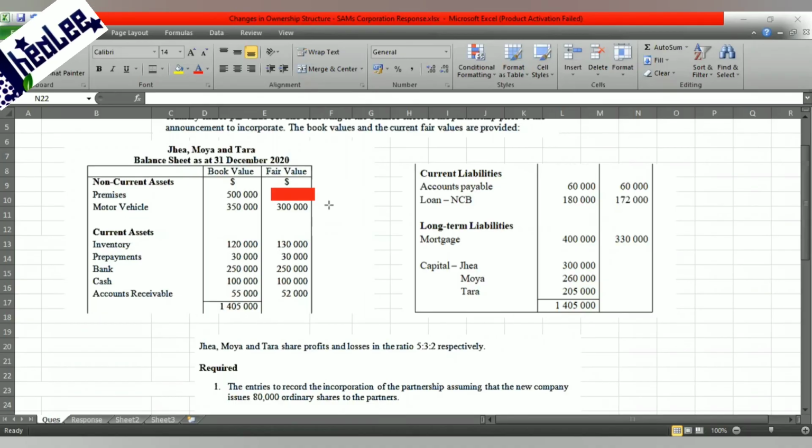Again, for example, if we had used the premises and there's no fair value for the premises, your entries would be to credit your premises account, and your valuation adjustment account is debited. In doing the new balance sheet, because there's no fair value for premises, no entry is made in the balance sheet for premises. And that is it for the conversion of an unincorporated business into an incorporated business.